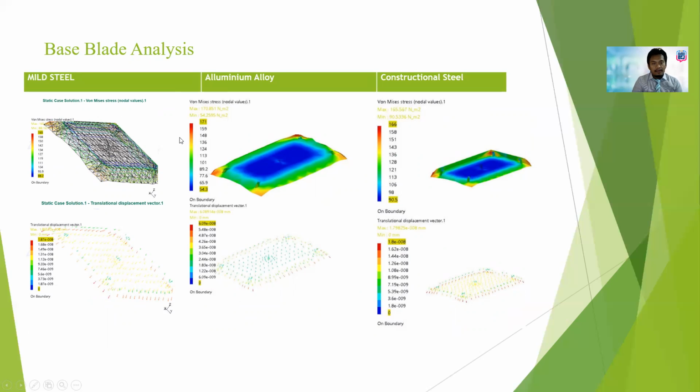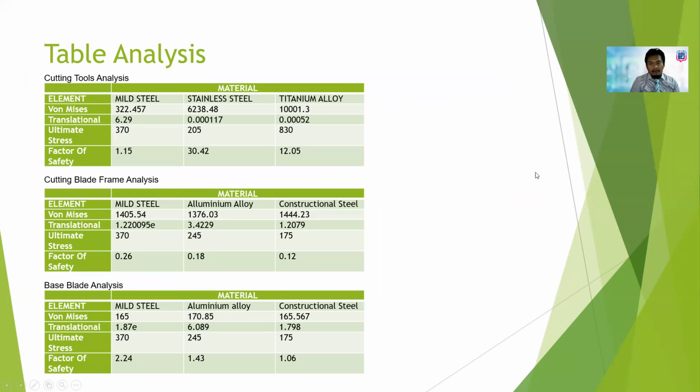The upper analysis is von Mises, and the lower analysis is translational. All the results of the analysis are in this analysis table.